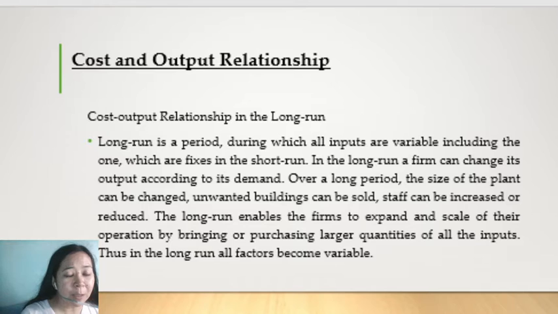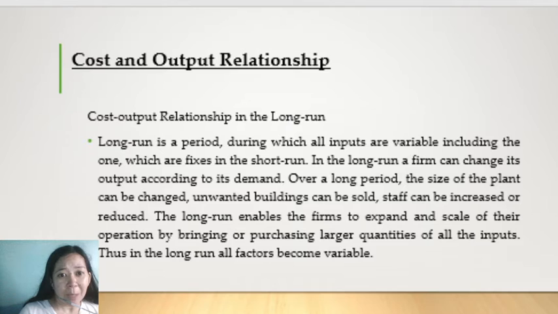The first 1 million is fixed and the additional will be variable. That's why it's called mixed cost. So this is in the case of the long run cost-output relationship.